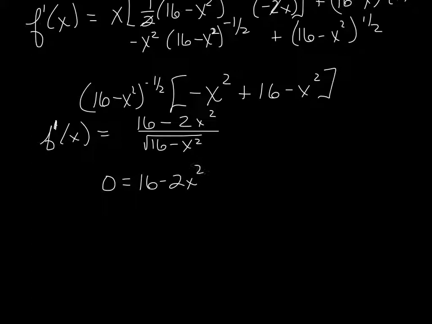Well, let's see. We get 2x squared. Wait, why not the denominator? We'll get to the denominator in a minute. That's where it doesn't exist. So x squared is 8, so x equals plus or minus 2 square roots of 2.